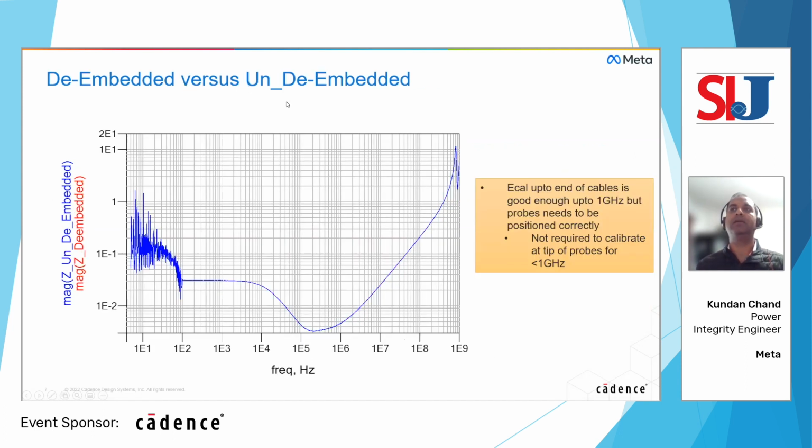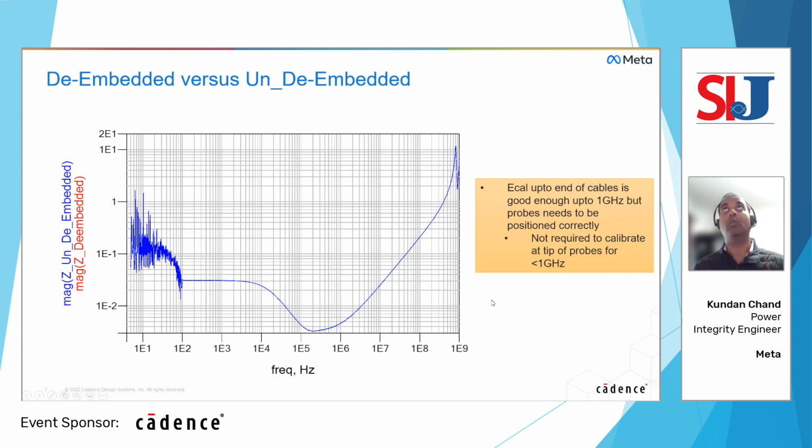Now for de-embedded versus un-de-embedded, for some of these measurements we calibrated at the tip of the Pico probes, and we also tried the method where we only calibrated using the eCal up to the end of the cables and compared the results.